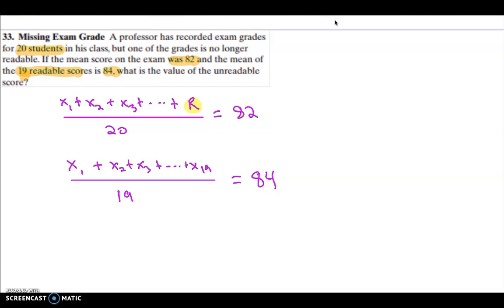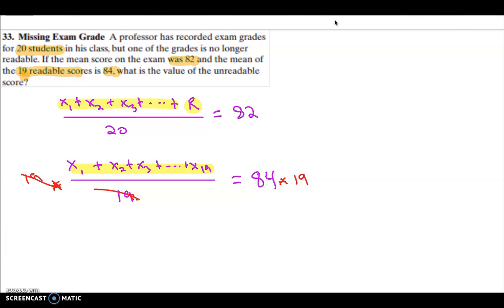So we may think, okay, how are we going to do this? Well, remember right here, this is x1 plus x2 plus x3 all the way up to x19, and then plus that unreadable score r. So we can actually solve for that right here. In this bottom equation, I'm going to multiply both sides by 19.